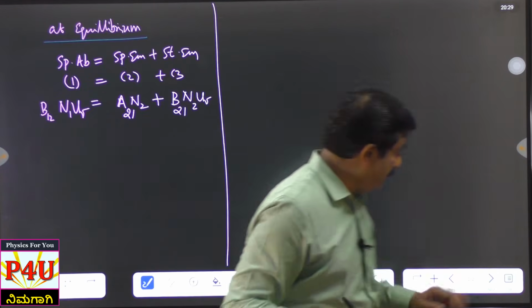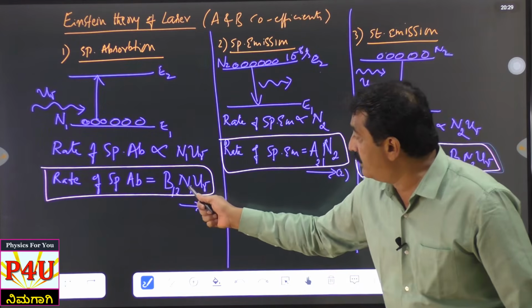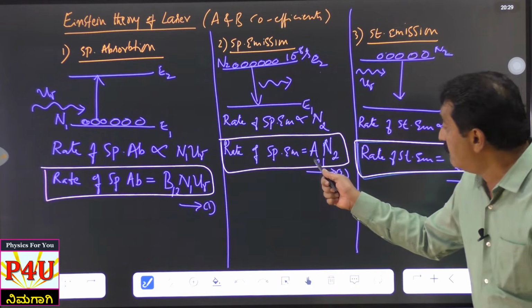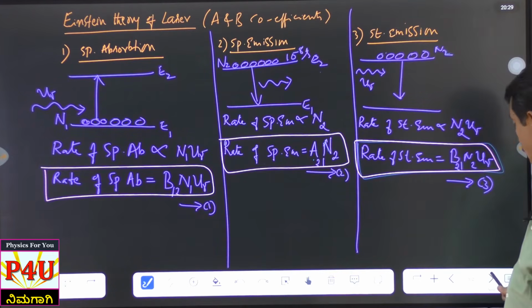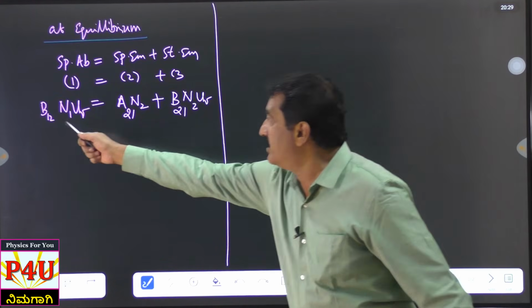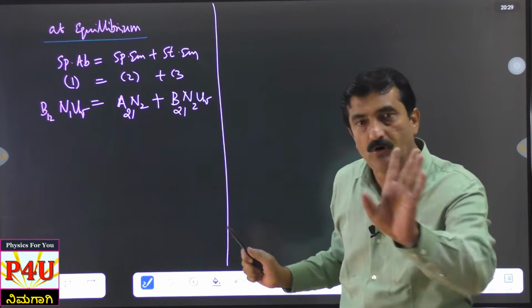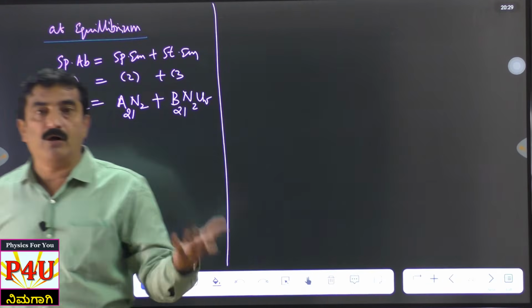Please check the equations. Equation 1 B12 n1 u gamma, equation 2 A21 n2, equation 3 B21 n2 u gamma. So that is what I am having here. Equation 1 is equal to 2 plus 3. Following? That's all. Now you keep on proceeding.